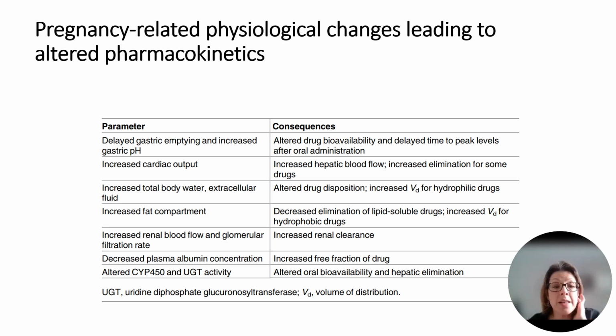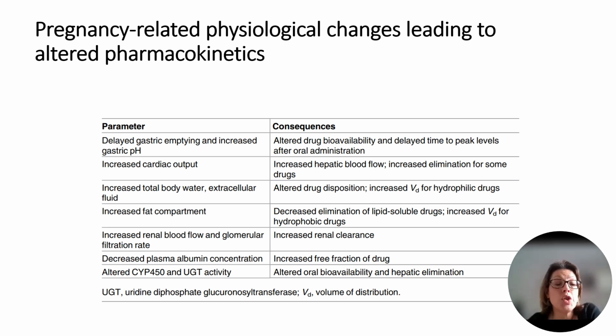Again, there is an increase in plasma volume, and that can alter the distribution of the drug throughout the body, particularly depending on the affinity of the drug, whether it binds to lipids or whether it's water soluble.